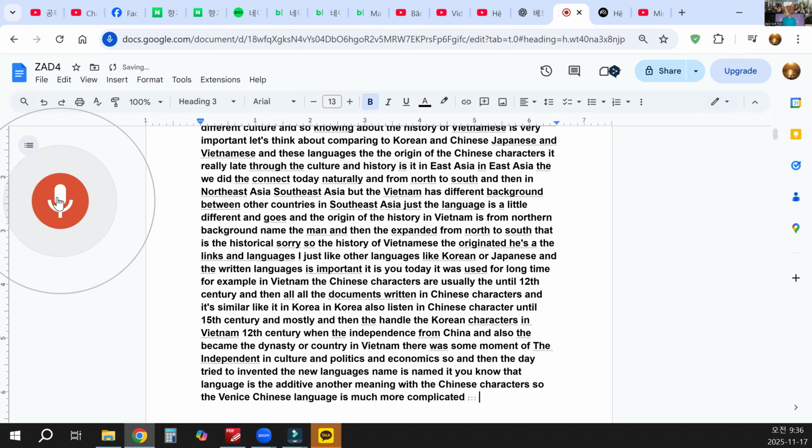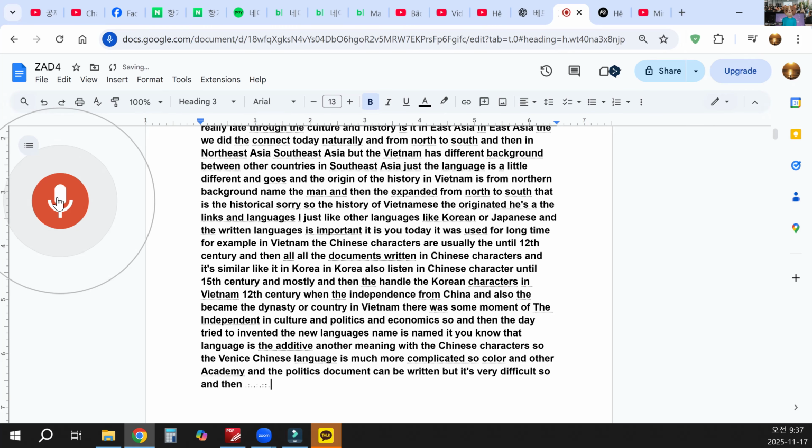Scholars and academic and political documents could be written in it, but it was very difficult, and common people could not understand the Vietnamese Chinese characters themselves.